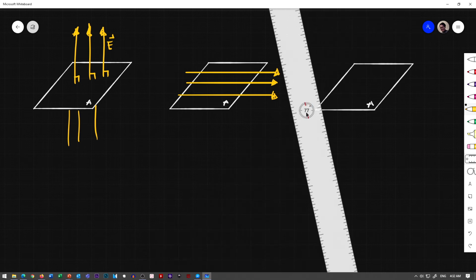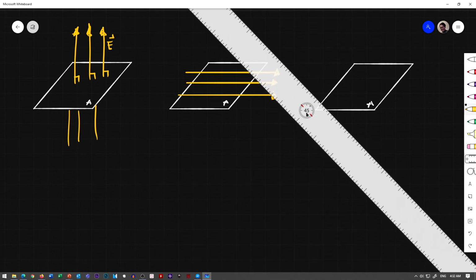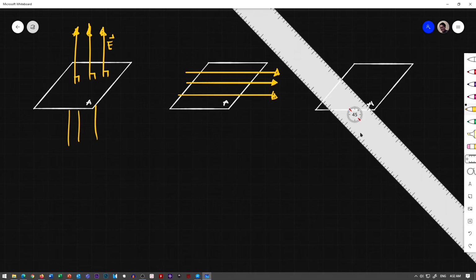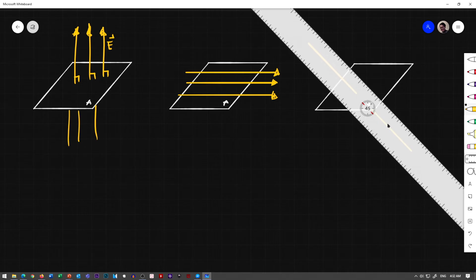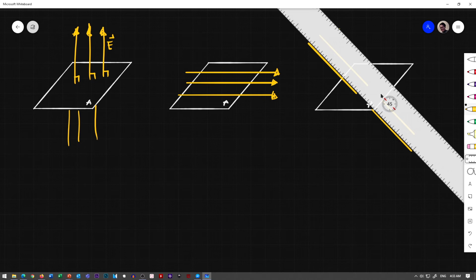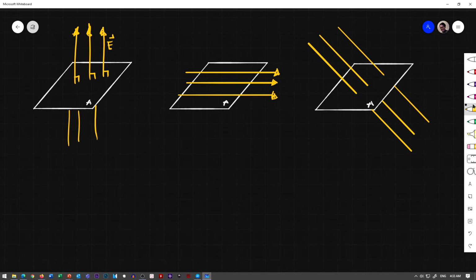Now let's do it on the opposite side. Something like this. Still, it will be 45 degrees now. Okay, so there you go.